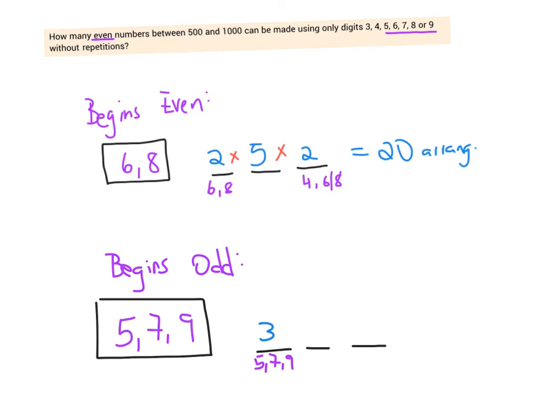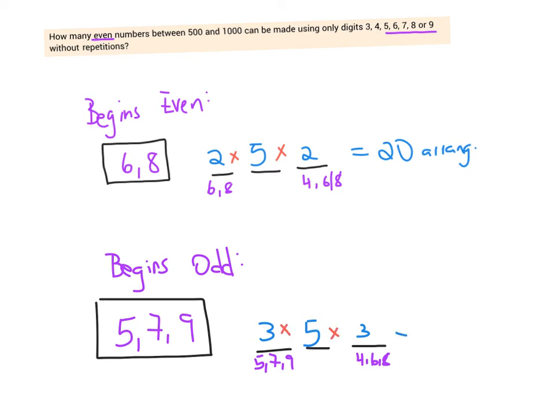It still needs to end even. So our possibilities for our ending are, of course, our 4, 6 and 8, which means I have 3 options here. And so again, 2 numbers have been used up in our restrictions. So 7 take away 2 leaves 5 numbers here for our middle digit as the possibilities.